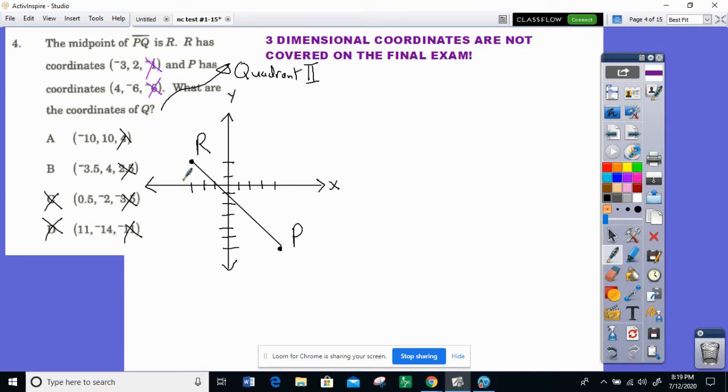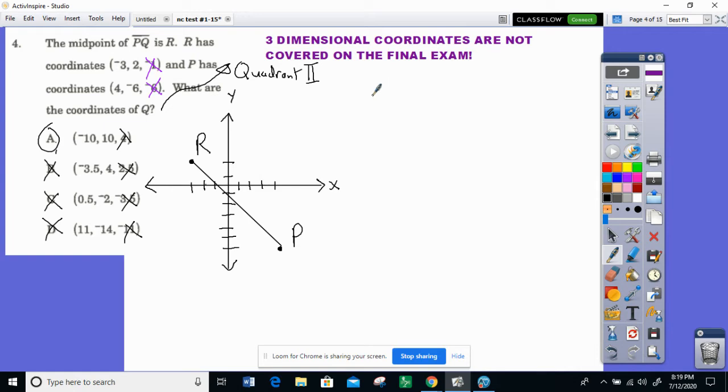If I put -3.5 and 4, that point is right there. There's no way R is halfway in between these 2 points. So we can get rid of that, and we can go ahead and check out that it's answer choice A.